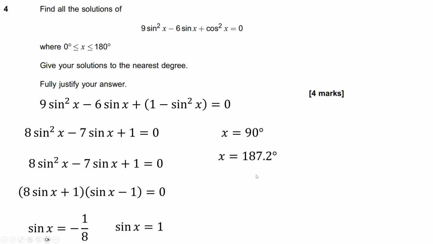You'll get something else, but if you do 180 take away whatever you got, and then you'll get this. And then this is actually just a little bit over our range. So you can take away 360 from it to get 172.8. So that'll barely get us inside of it. We can take away 360 or add it as many times as we want because of the periodicity of the sine graph. That's a hard word to say. Anyways, you get that.